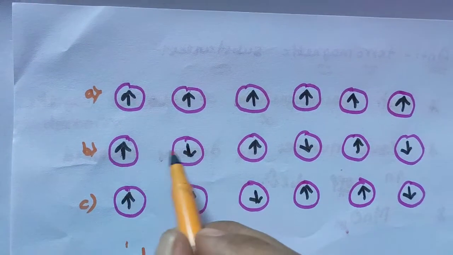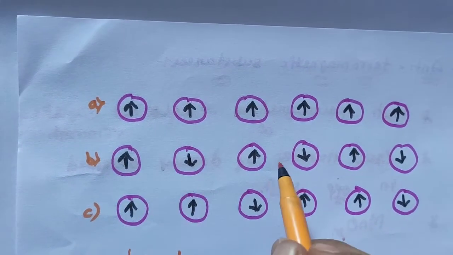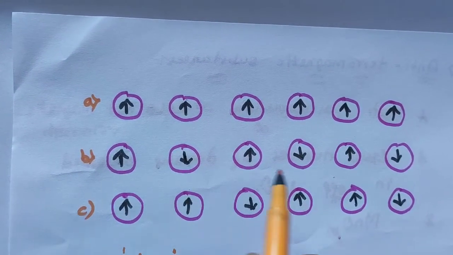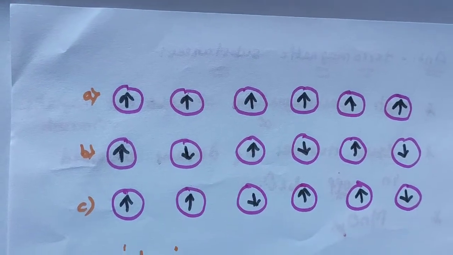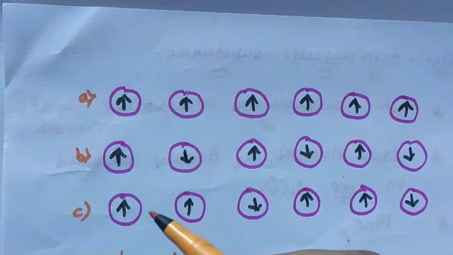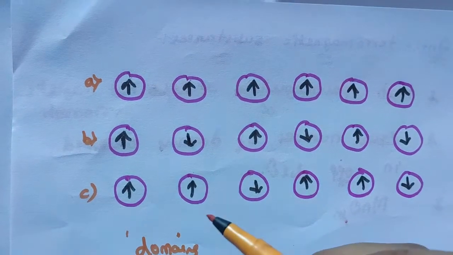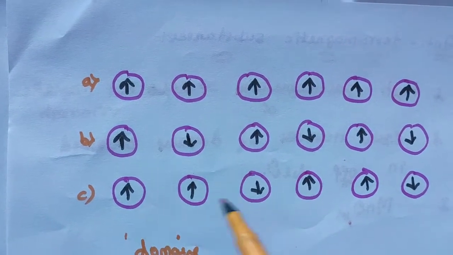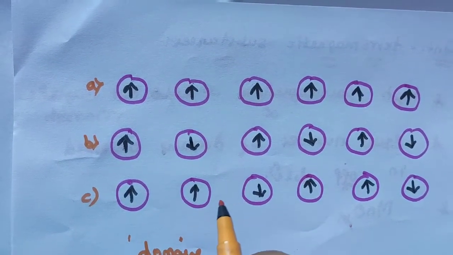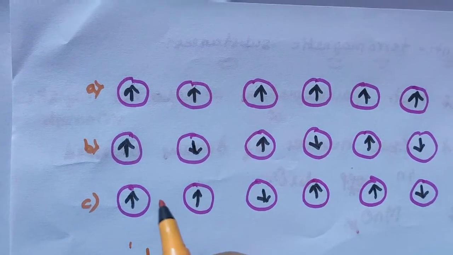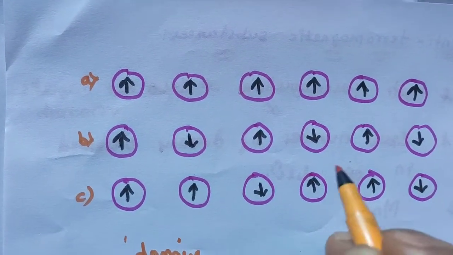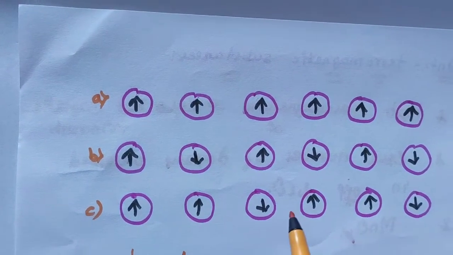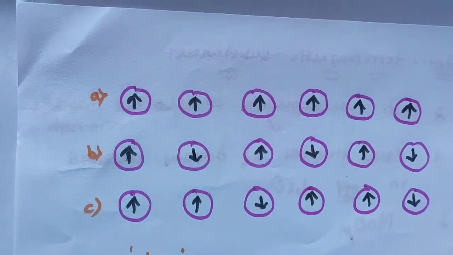Here you can see that whenever they get paired, they get cancelled out, since there is an equal number of domains arranged in opposite directions. Then the third one, ferrimagnetic, has an unequal number of domains oriented in opposite directions. So there is no question of equal numbers here.